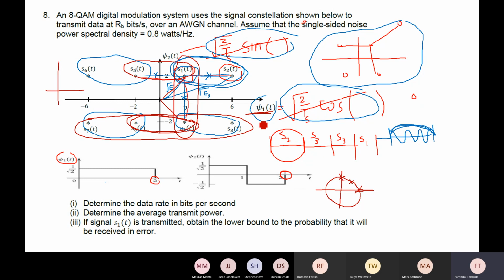In the QAM case, however you define the successive signal points, you'll find that the phase terms would be different, in the sense that the phase between this here and this here is this angle. The phase between S5 and S6 is this angle, and this angle is different from that angle. So that is where it differs from the case of PSK.